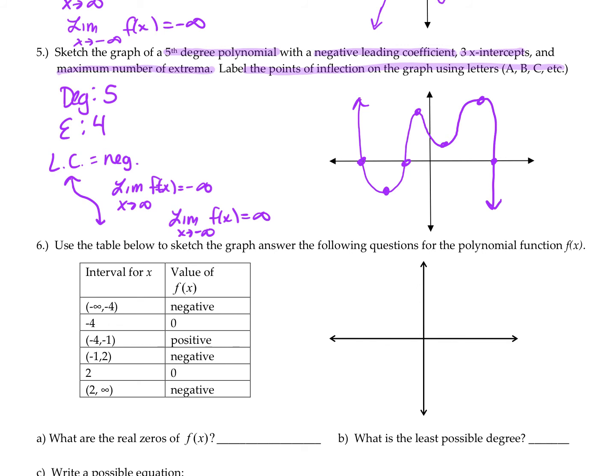I am going positive on the left and negative on the right, so this works. I have inflection points at pretty much here, A, B, and C. So this is just one example. There's lots of different examples that would meet all these criteria, but this is just one of them.